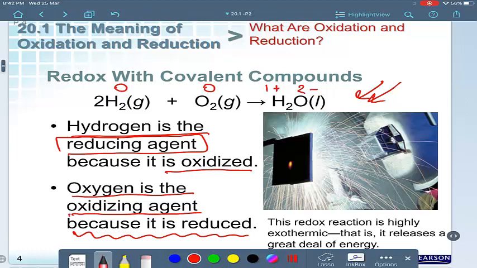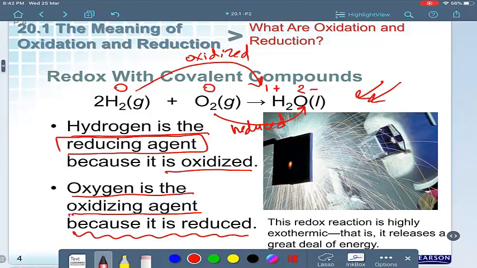What happens to hydrogen here? The oxidation number increases from 0 to positive 1. If the oxidation number increases, it means oxidized. Oxygen was 0 and becomes negative 2. What happens here? The oxidation number decreases, so it's reduced.